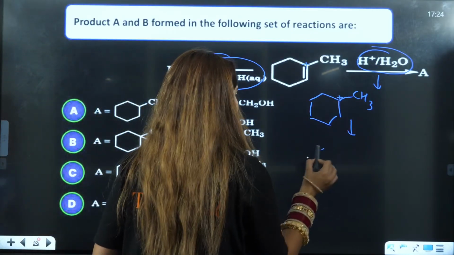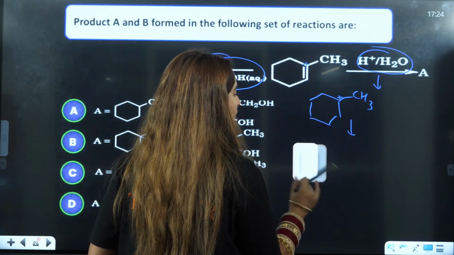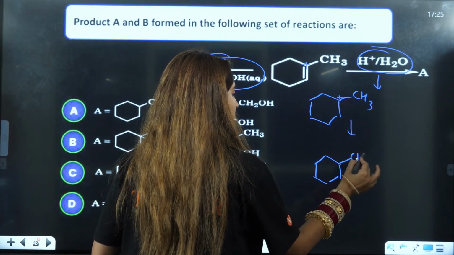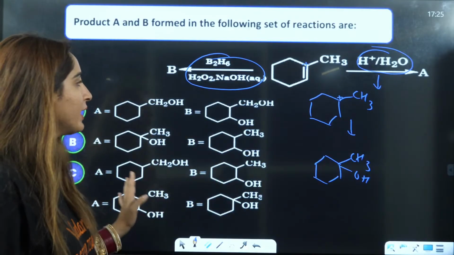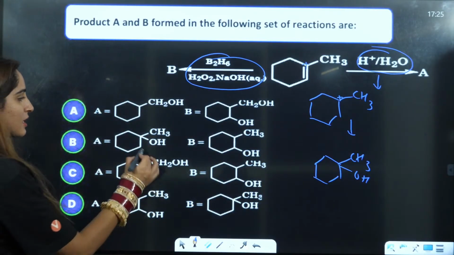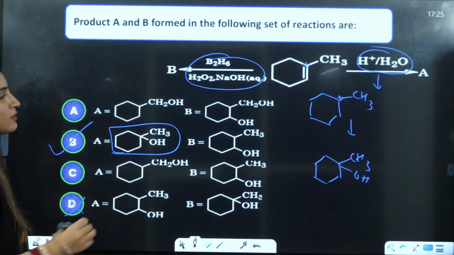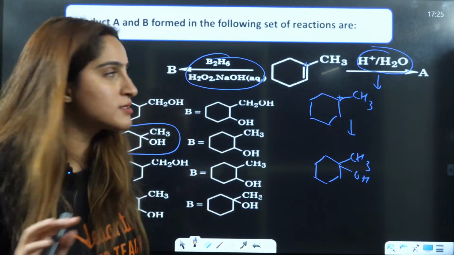So OH will be attached here, and hence you will have the formation of this: CH3, this is OH. That is going to be A, CH3OH. So the answer will be B. That is clear to us. See, even if you know only one reaction, you will be able to answer, right?